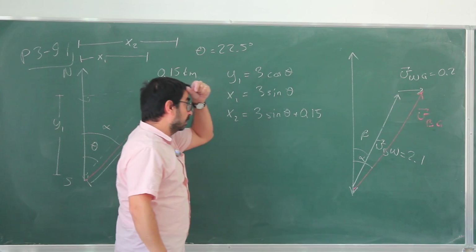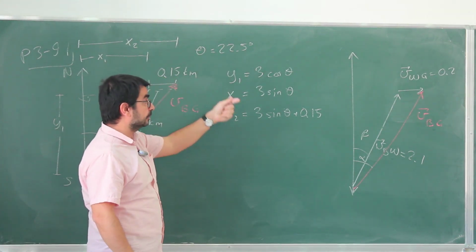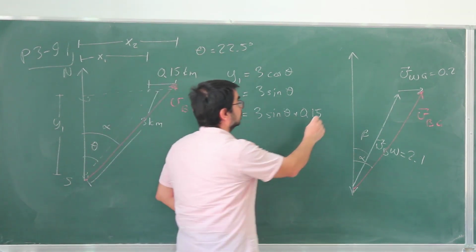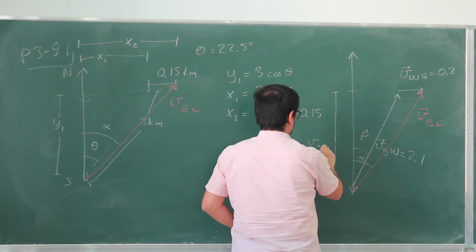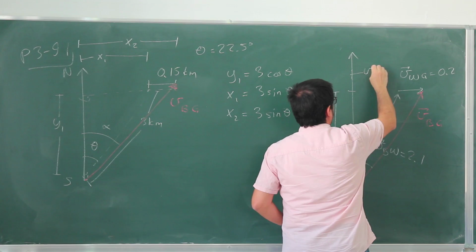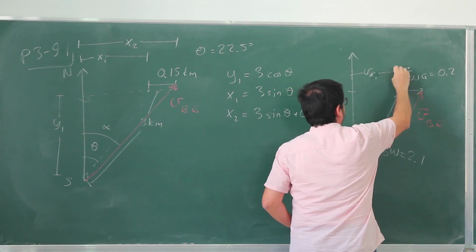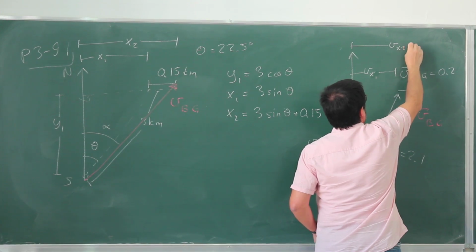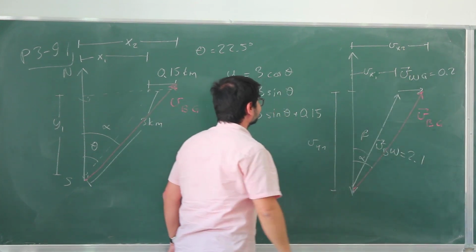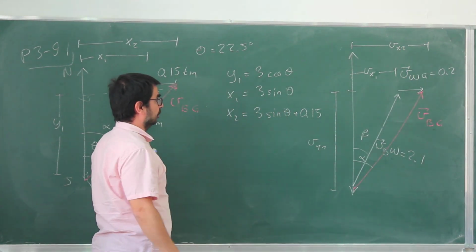Okay? Now, again, I can write down some expressions for these angles. First of all, let's call this thing Vy1, and this Vx1, and this is going to be Vx2, say for the x component and y component of the velocity.